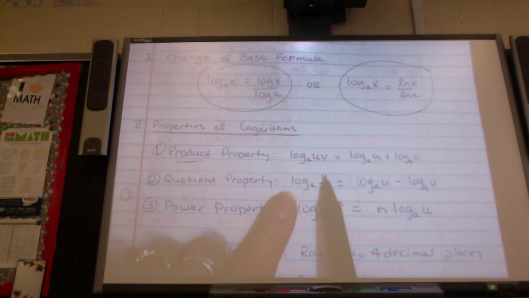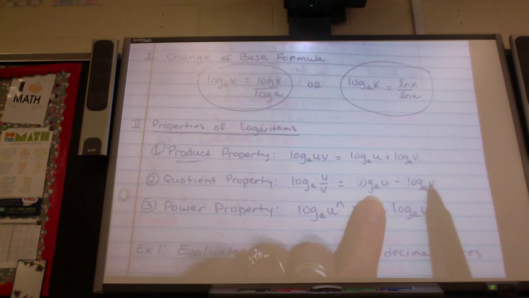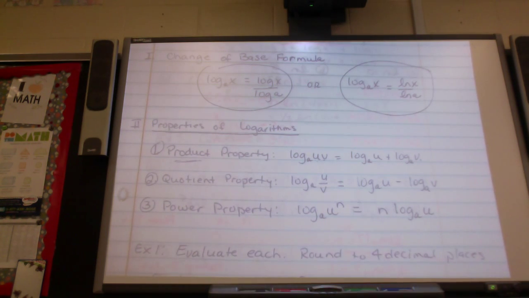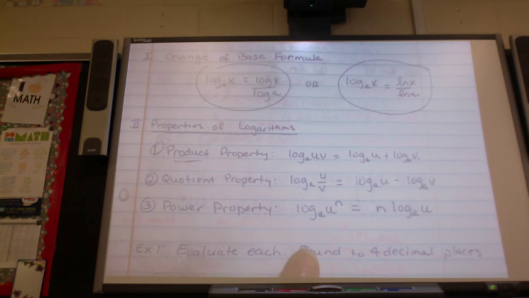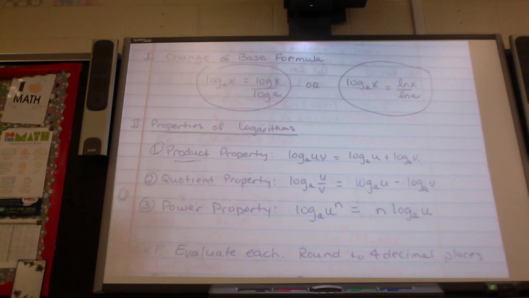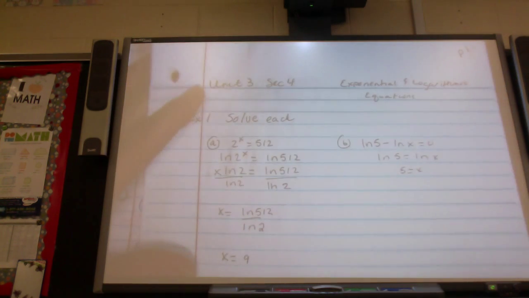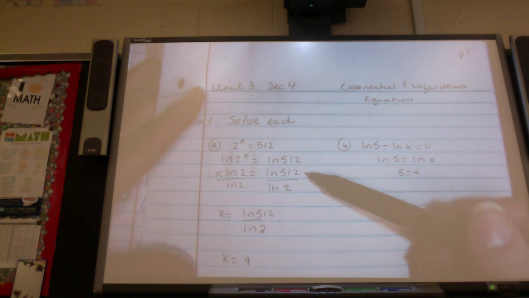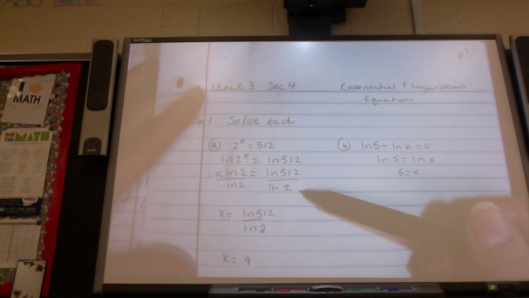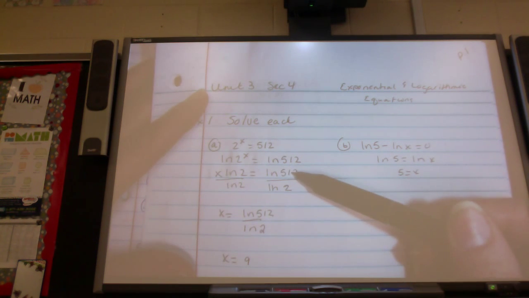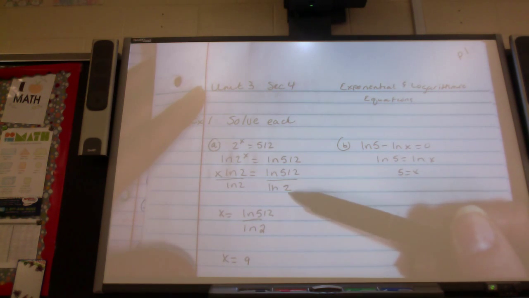If it's log of a divided by b, then we can subtract them. And then here's the one we just used, the power to a power. Because it's ln of 512 divided by ln of 2, I can't do ln of half of that. I have to do ln of 512 divided by ln of 2.